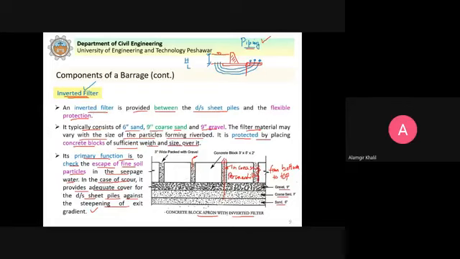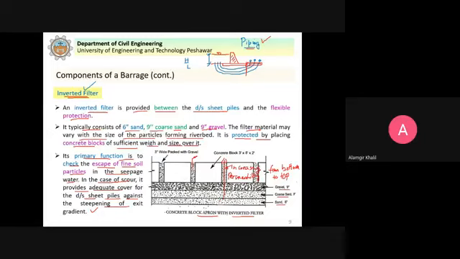if the seepage path is increased, then the exit gradient will be on the safe side, because you see the water starts with maximum energy here at this point, and then as it travels it loses the energy, loses the energy, loses the energy.